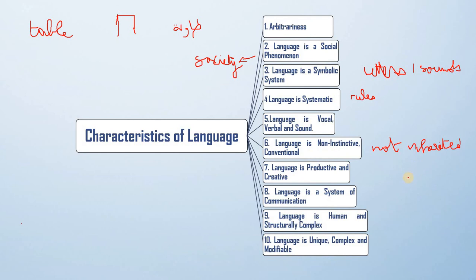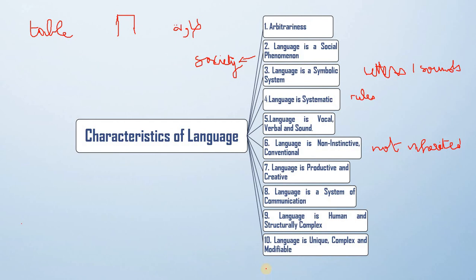System of communication means we communicate using a language, whether verbally or non-verbally. Verbally, it is the language. Non-verbally, it can be through gestures.